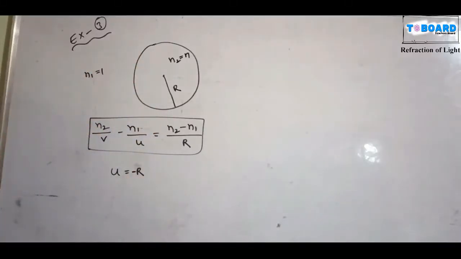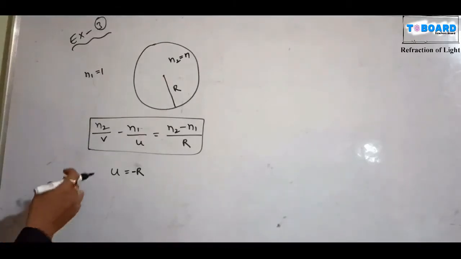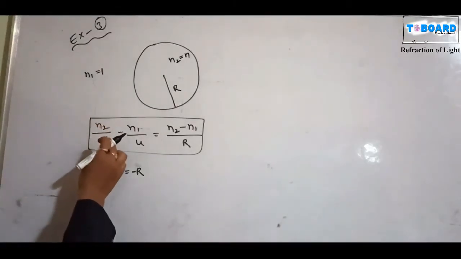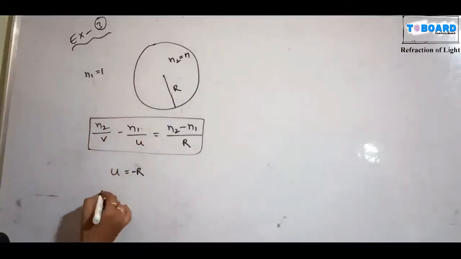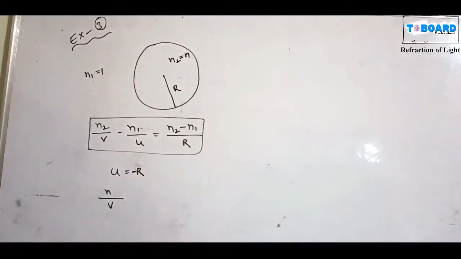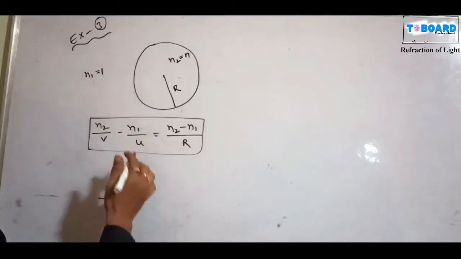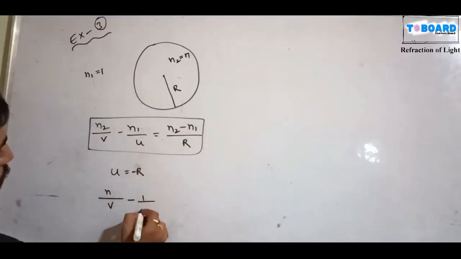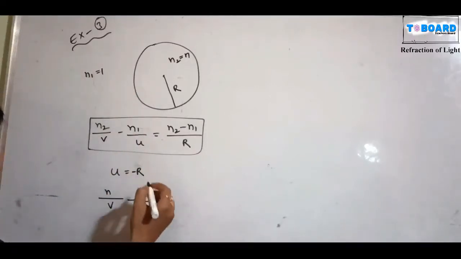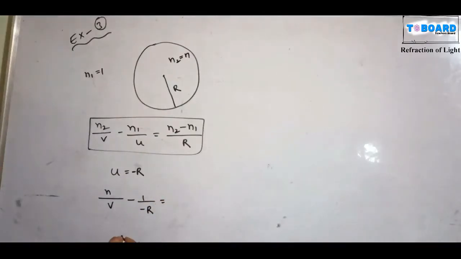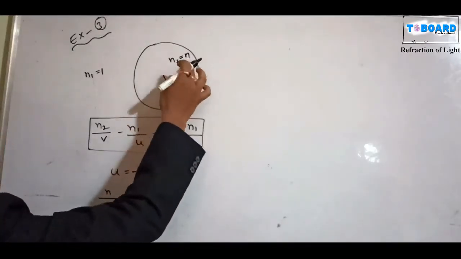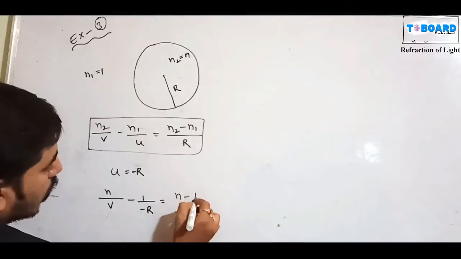Then I write the formula. Here n2 is n, so n by v, v we don't know, minus n1 by u, n1 means 1, u means minus r, equals n2 minus n1, that is n minus 1 by r.